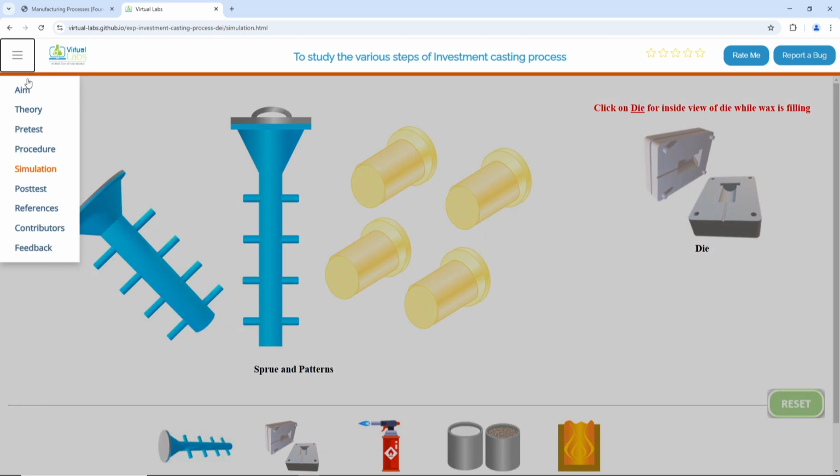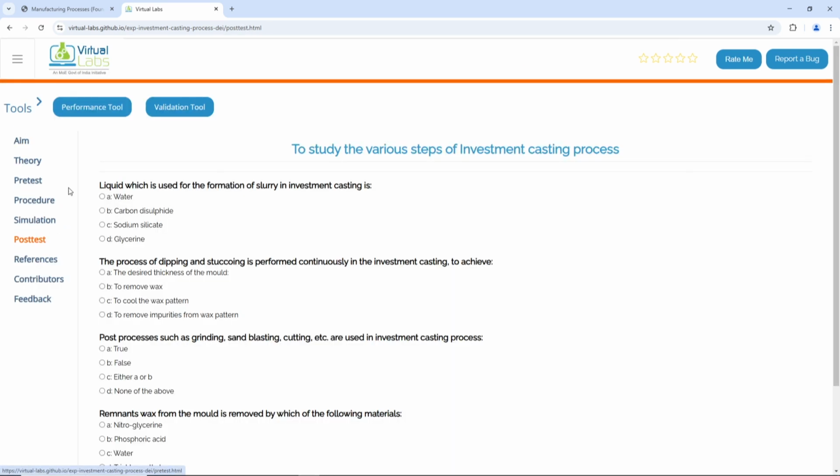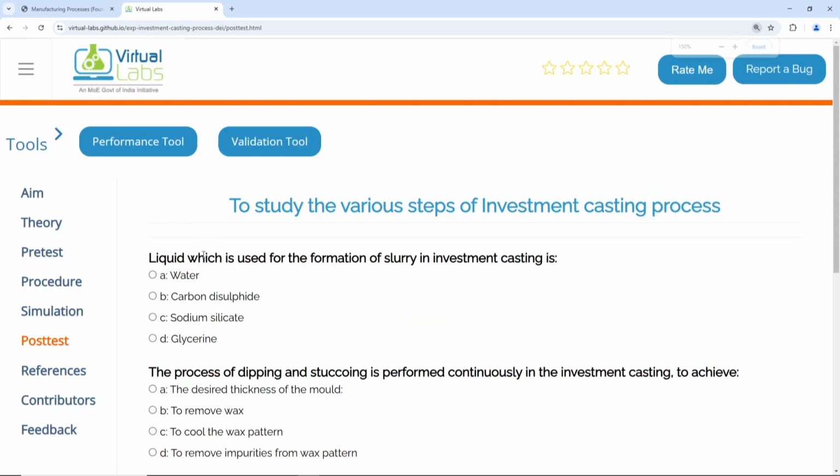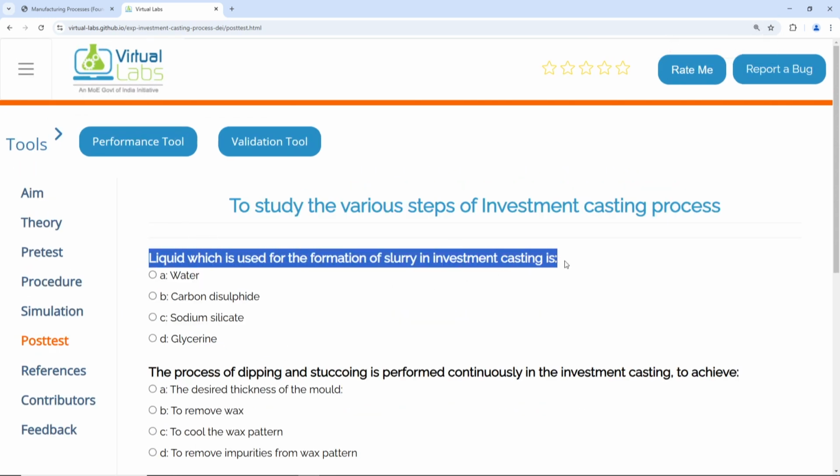Let me come to the next step after the simulation, the post test questions. The liquid which is used for formation of slurry in investment casting, which liquid was used? Was it water, carbon disulfide, sodium silicate or glycerine? It is sodium silicate.